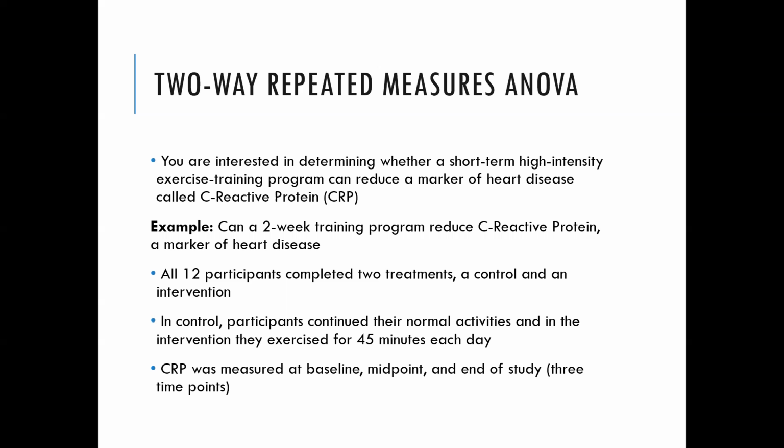So let's say we have 12 participants and all 12 participants complete 2 treatments, a control and an intervention. In the control, participants continue their normal activities, and in the intervention, they exercise for 45 minutes a day. And then we measured their C-reactive protein at baseline, so at the start of the study, at the midpoint of the study, and at the end of the study. So we have 3 time points.